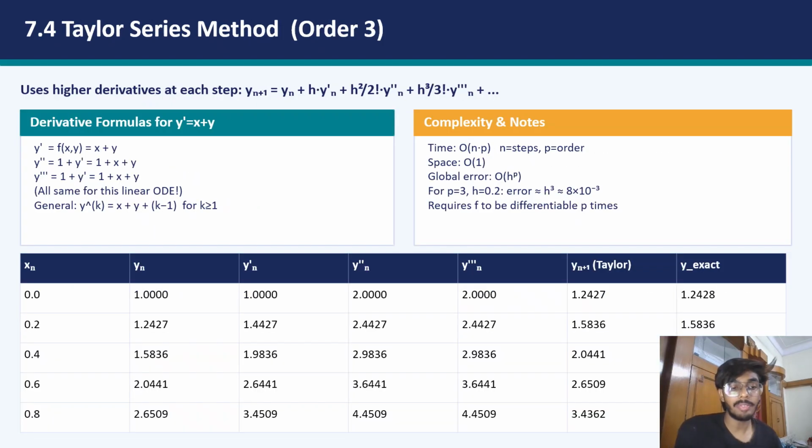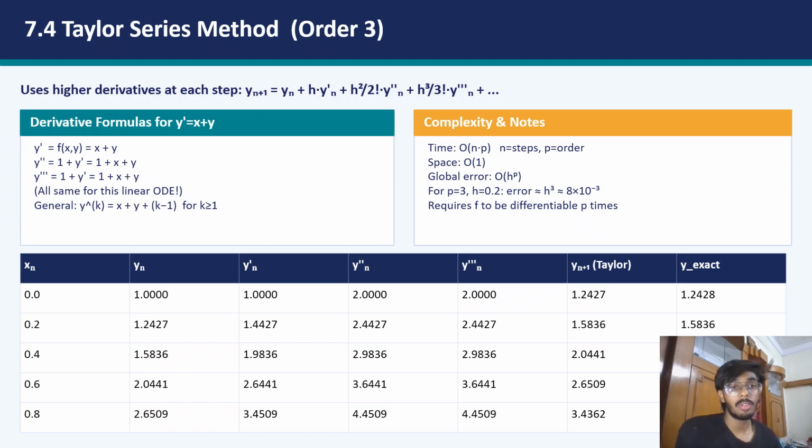And at last we have the Taylor series of order 3. We use higher derivatives at each step with the formula y(n+1) equals yn plus h, which is the step size, times y'n plus h squared by 2 factorial times y''n plus h cubed by 3 factorial times y'''n, and so on.